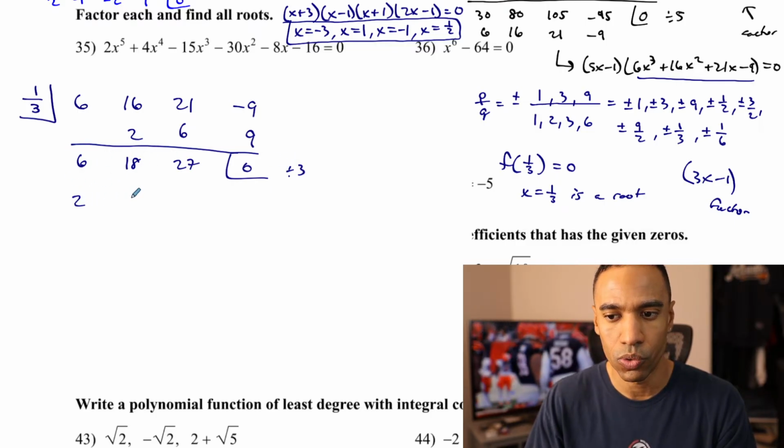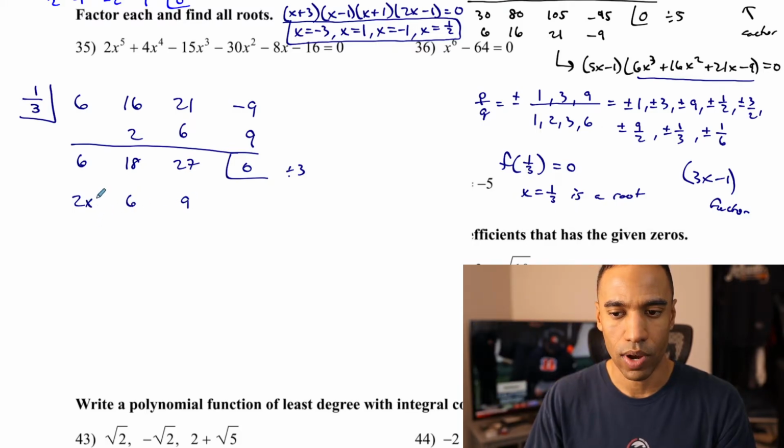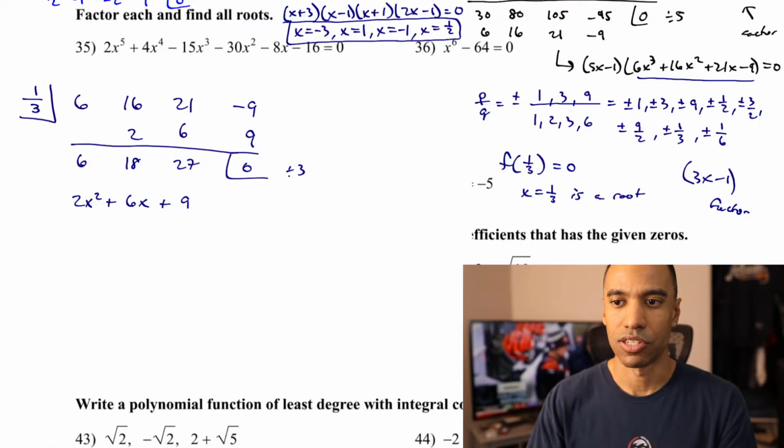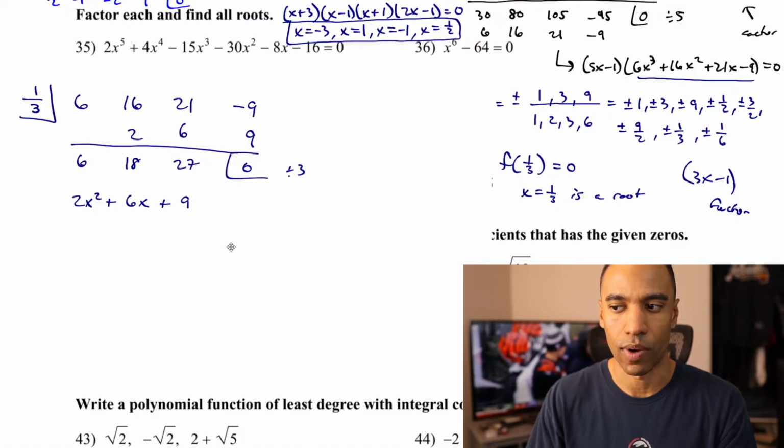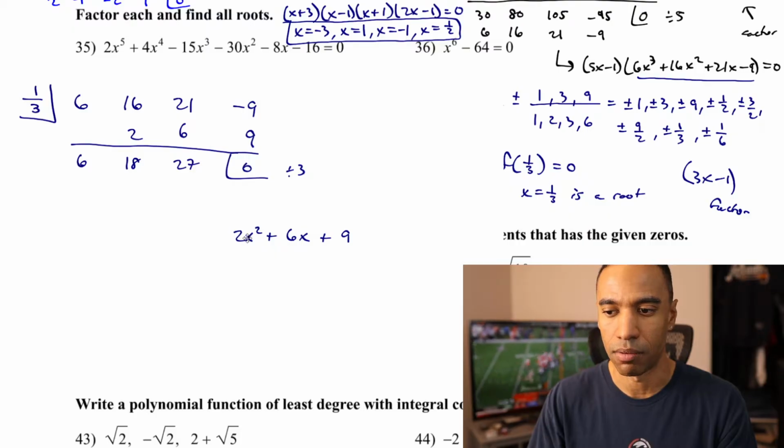And this is 2, 6, and 9, so that's 2x squared plus 6x plus 9 as the other factor, which is now a quadratic, which is very good, because now we don't have to use rational root theorem anymore.